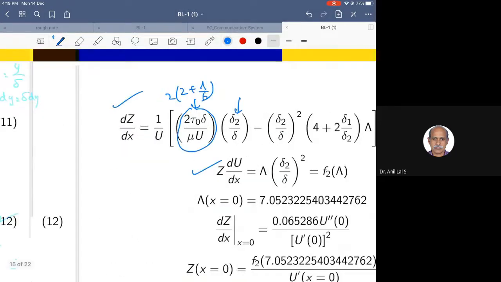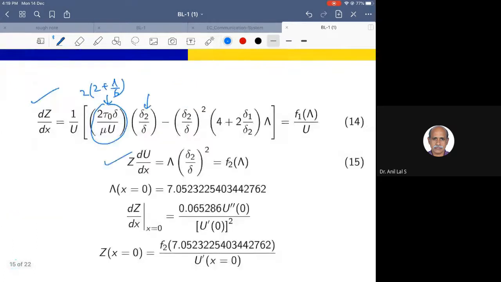Delta 2 by delta is a function of lambda. We have found this is a function of lambda, this is a function of lambda, and delta 1 by delta is a function of lambda. Everything here is a non-linear function of lambda, which we are writing as f1 of lambda by u.